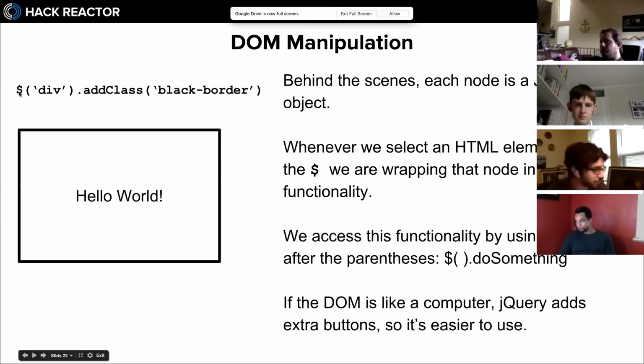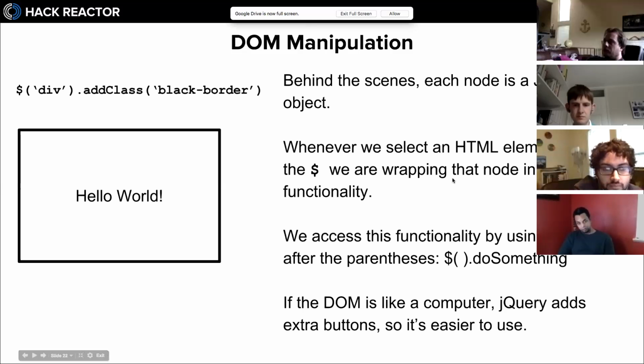So that's why after we say $div, we can say .addClass, or we could say .append, or .removeClass. So yeah, we access this functionality by using a period after the parentheses, as so: $ dot do something.